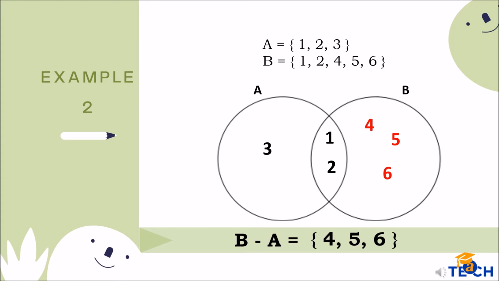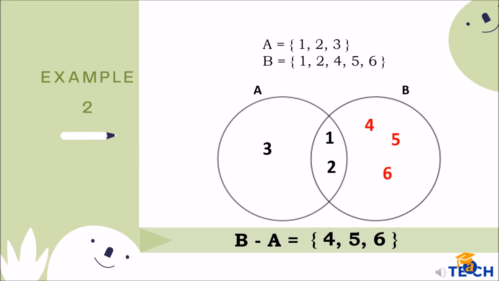For our second example, we will reverse it. Instead of the difference of set A and B, we will find the difference of set B and A. And here we have set A will be again consist of numbers 1, 2, and 3, and then set B will consist of numbers 1, 2, 4, 5, and 6.